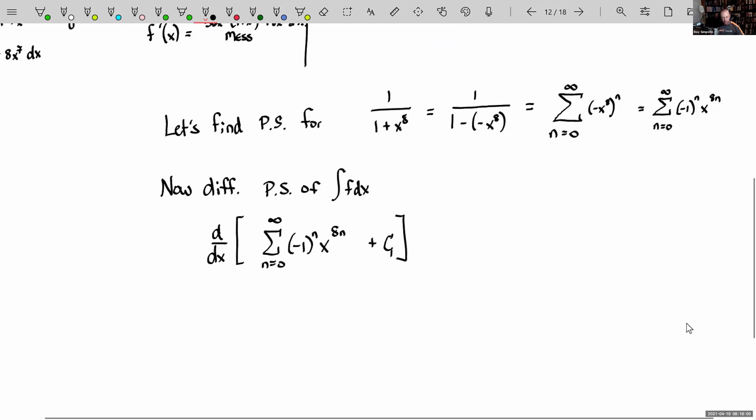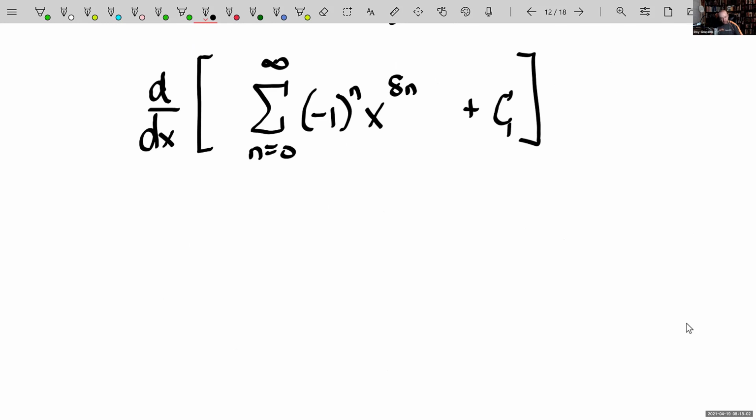And in this case, we're going to worry about it because if you write out the first few terms of this power series, when n is 0, you get x to the 0th, which is 1. When n is equal to 1, you get a negative x to the 8th. When n is 2, you get a positive x to the 16th, and a negative x to the 24th, and so on.